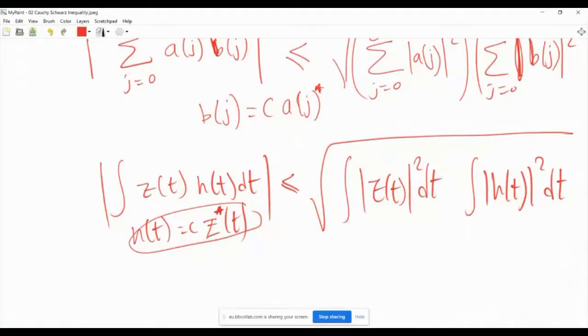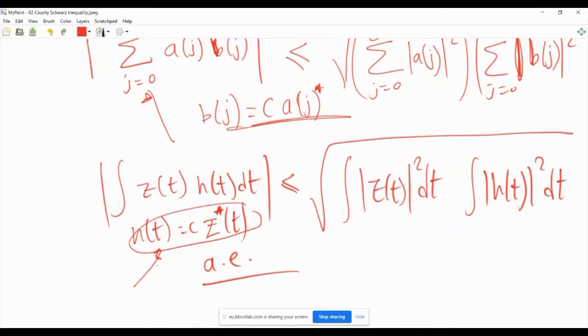Okay, and if you want to be accurate, you do not need this to be true for every t, right? Here you need this to be true for every j in the case of sums and vectors, but in the case of integrals you need this to be true almost everywhere. Because if this relation is violated on a set of measure 0, then the integrals don't care, right?